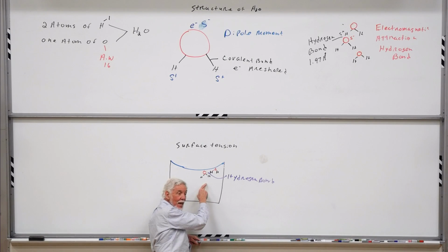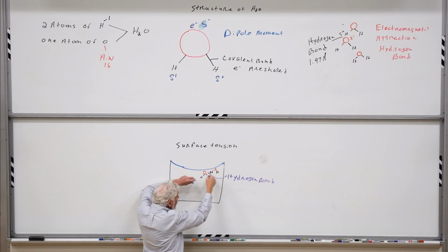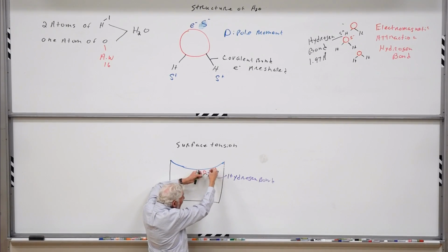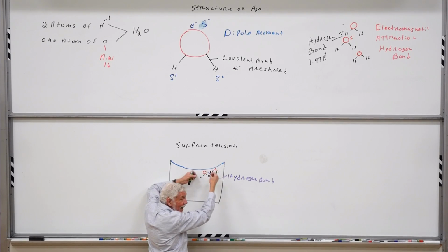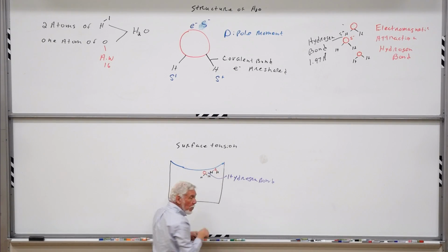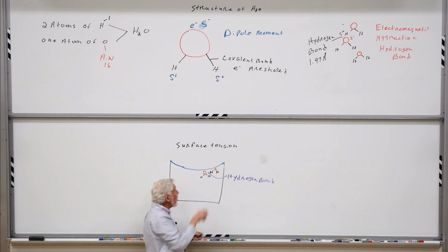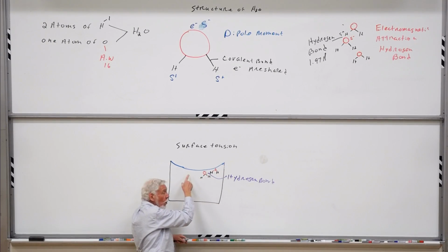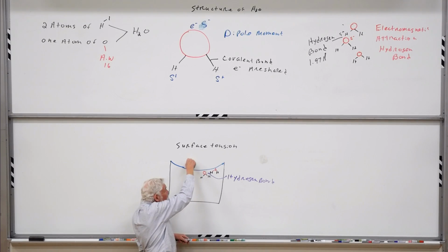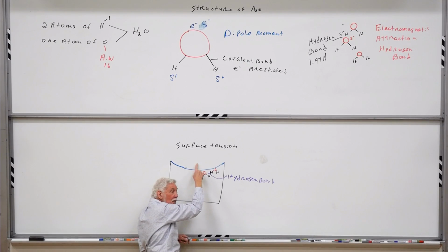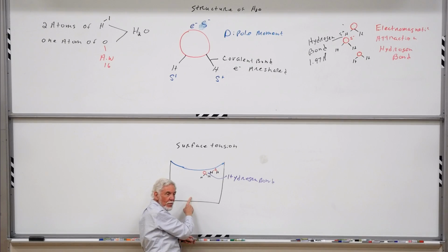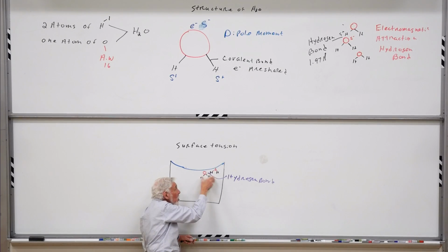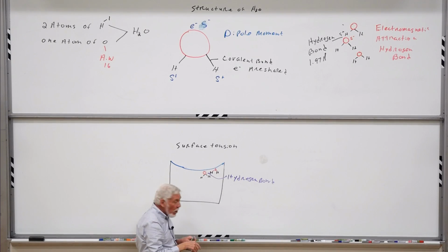By lengthening the hydrogen bonds, the energy of the interactions of these molecules is less, and that poor water strider will sink to the bottom, simply because you've broken up the hydrogen bonds between neighboring water molecules and reduced the surface tension. Now there's not enough surface tension for that insect to stand on, and it sinks like a stone. But that simply illustrates the importance of the interaction of these water molecules.